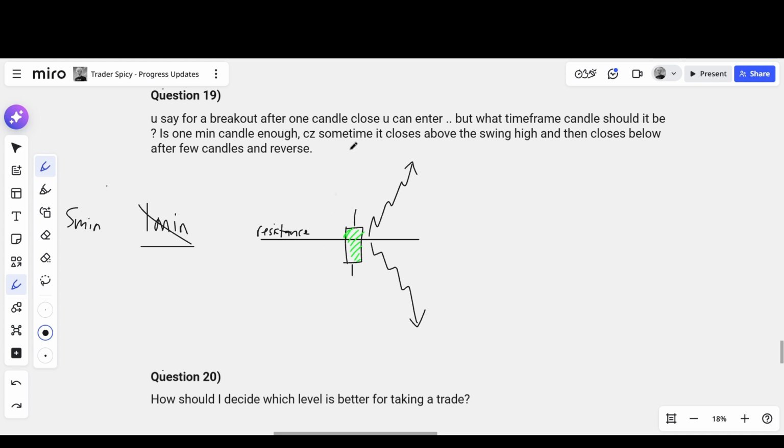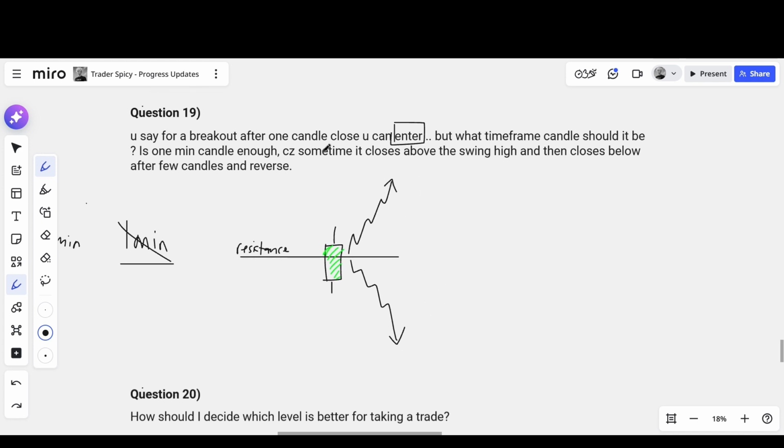It doesn't matter what you use to enter the trade, because sometimes it's going to work, sometimes it's going to fail. In fact, the sometimes part is a given and it is inevitable, because at all times, X% of the time, it's going to break out. 1 minus X% of the time, it's going to fail.